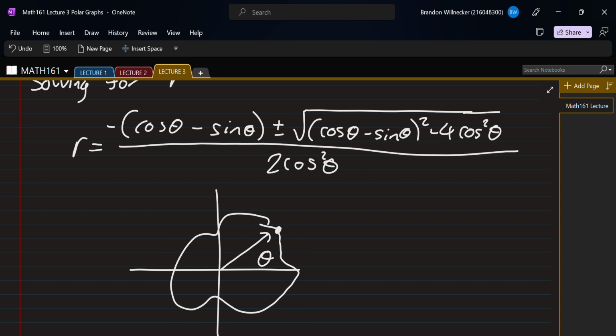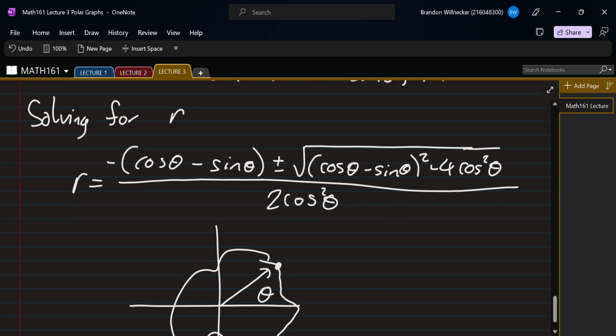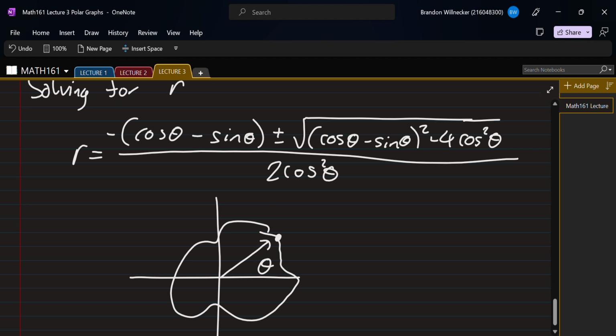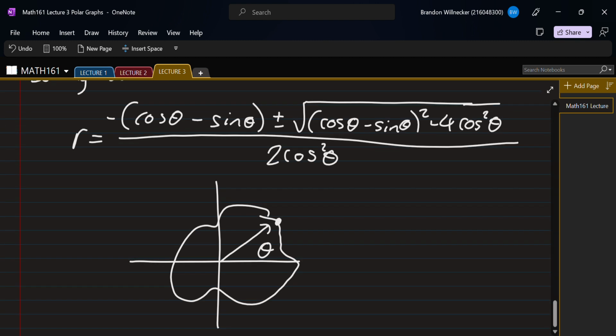However, if we convert this into Cartesian, it might look complicated because we're going to have x squareds and y squareds and so on. Here, we took something that's simple in Cartesian and tried to convert it to polar, so it's going to look more complicated. So sometimes it's better to work in Cartesian coordinates, sometimes it's better to work in polar coordinates, and you should know how to go between the two.